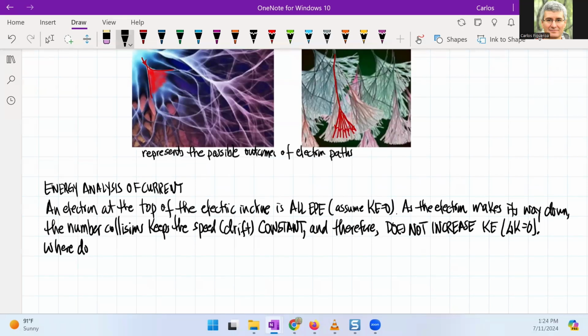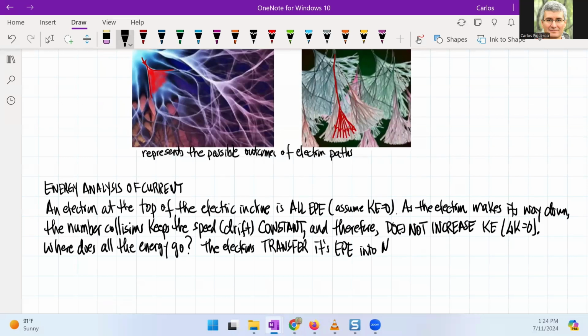Where does all the energy go? The electrons transfer their electrical potential energy into microscopic kinetic energies of the copper ions.